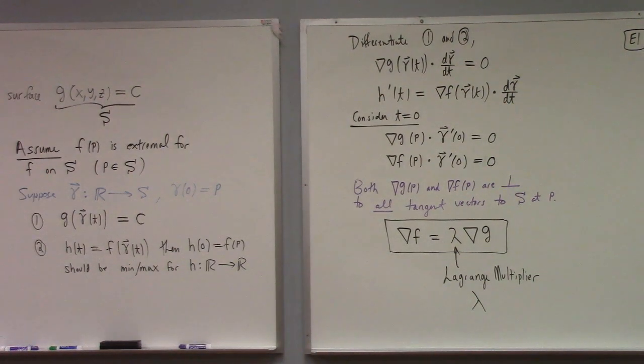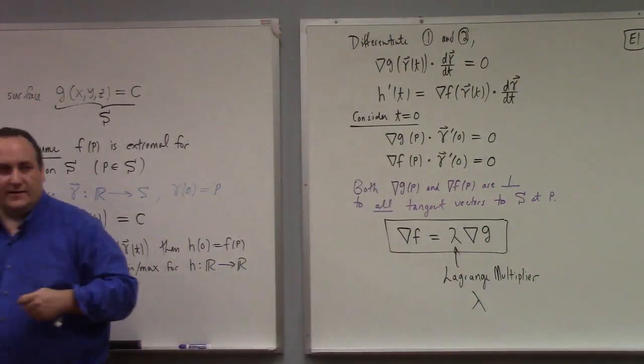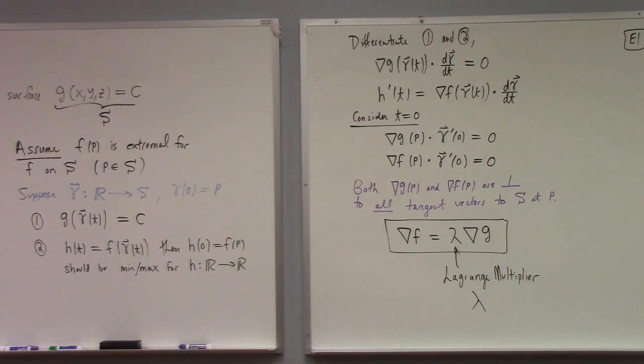So if you look at it, what's the gradient to the circle look like? It's radially outward, in all kinds of different places. But right here and right here, it's like that.